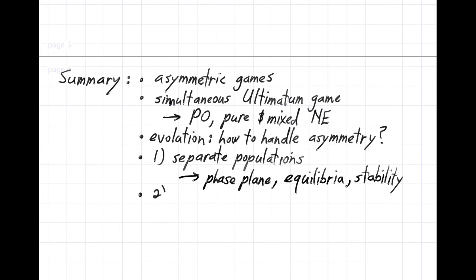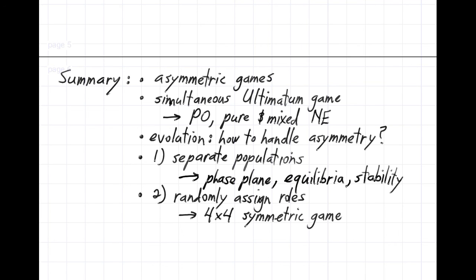The second approach we looked at was to randomly assign roles. And in that case, we got a 4x4 symmetric game, which can be difficult. And if you're approaching it from this direction, you may need some help. Just come and talk to us and we'll see what we can do to help you out.